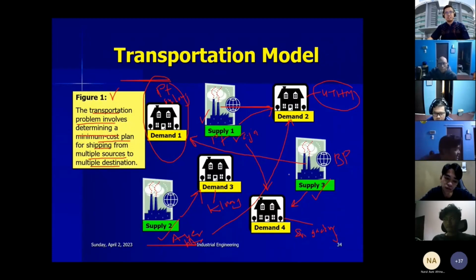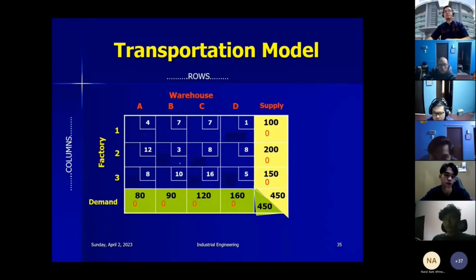In the transportation model, we want to determine a minimum cost plan for shipping from multiple sources to multiple destinations. Look at the example. This is a row, and this is our column.